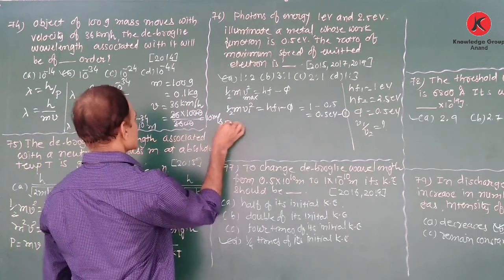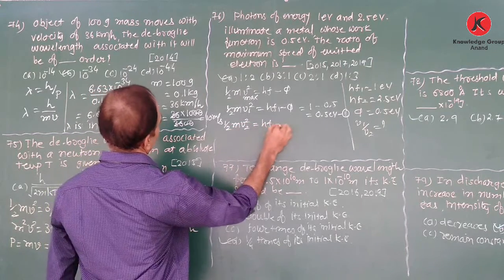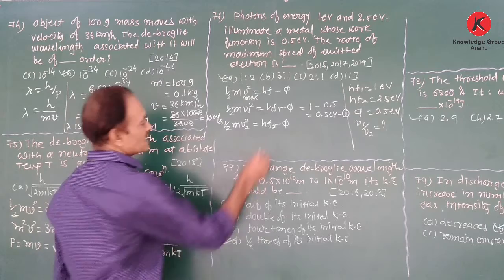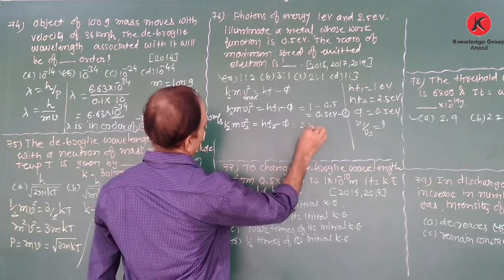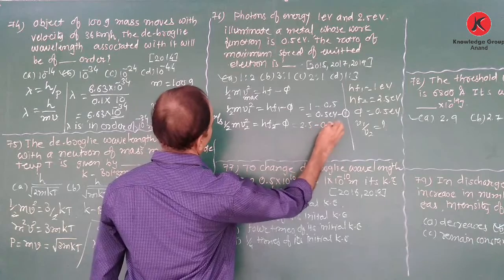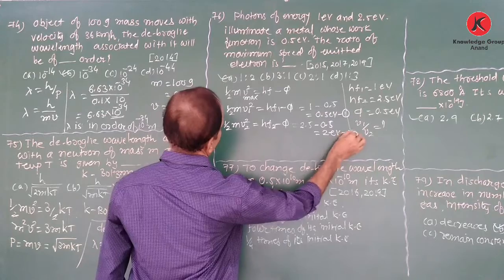Now for the second case, half m v2 square is equal to hf2 minus phi. hf2 is given 2.5 minus work function 0.5, that means 2 electron volt, equation 2.